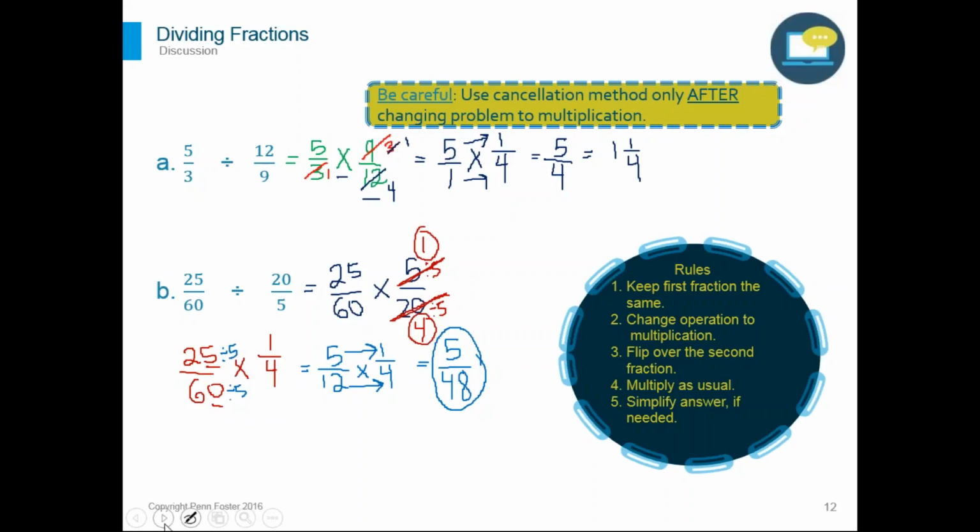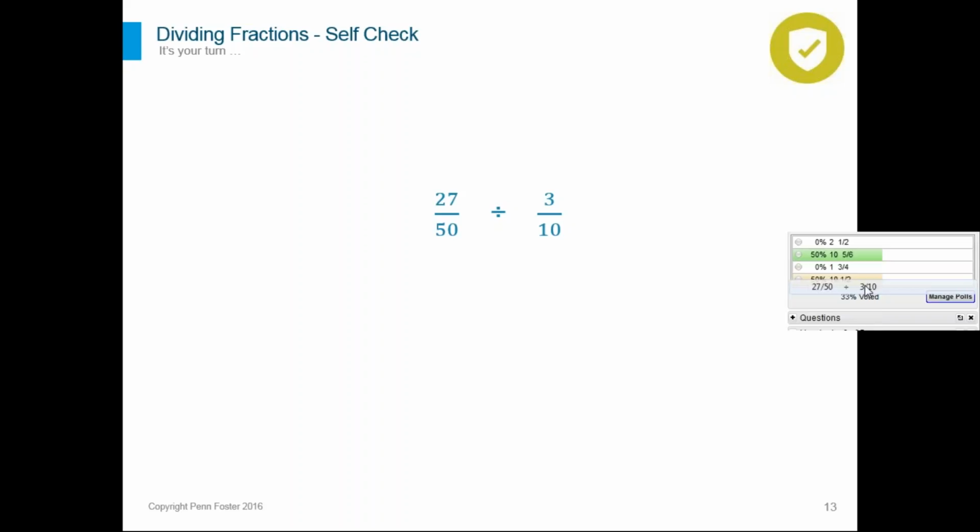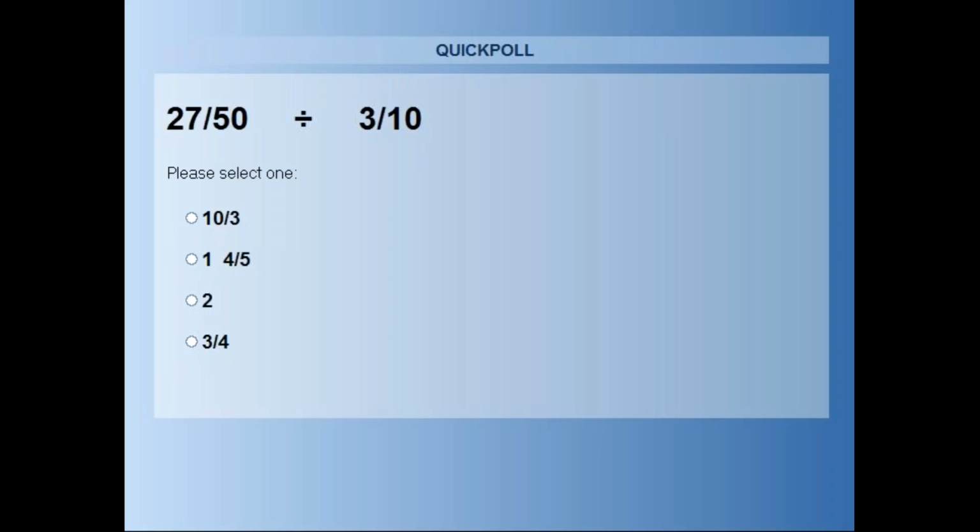So let's try one self-check, a simple division problem, a fraction over a fraction. How would you do that? So I'm going to give you the chance to do that. So here's the question.